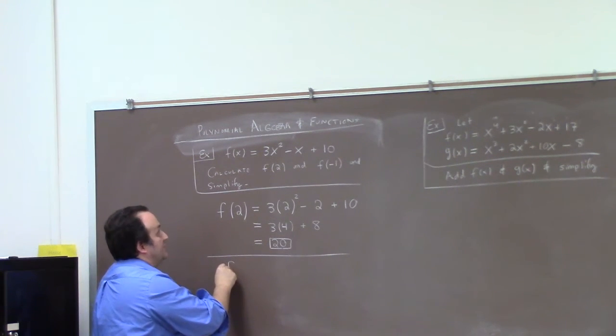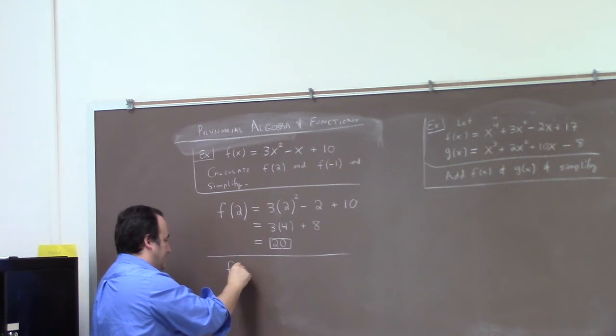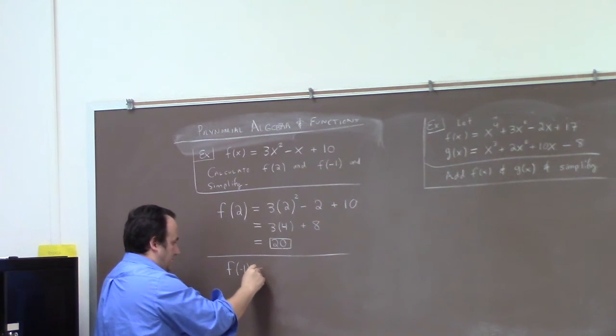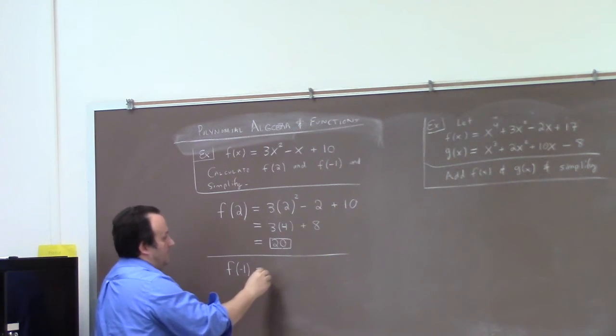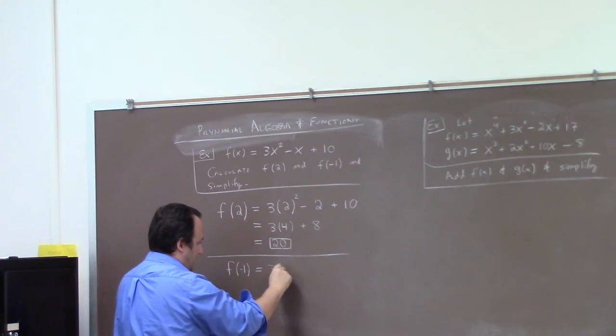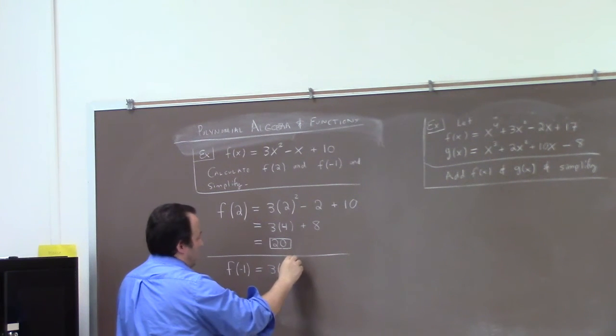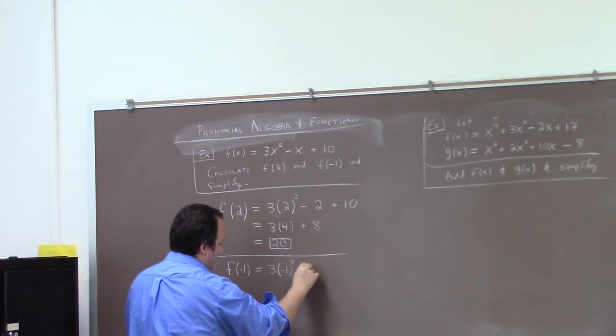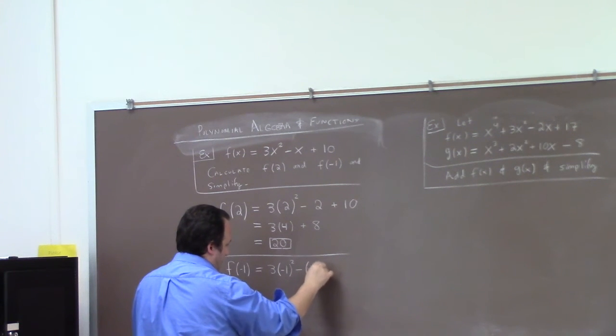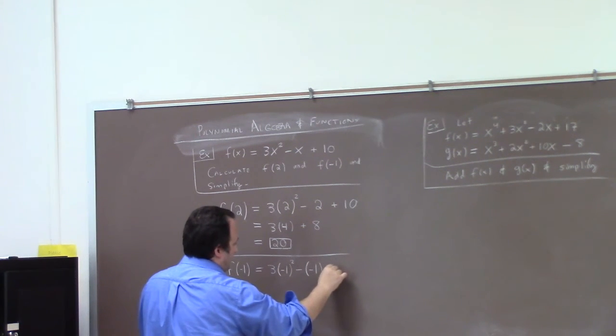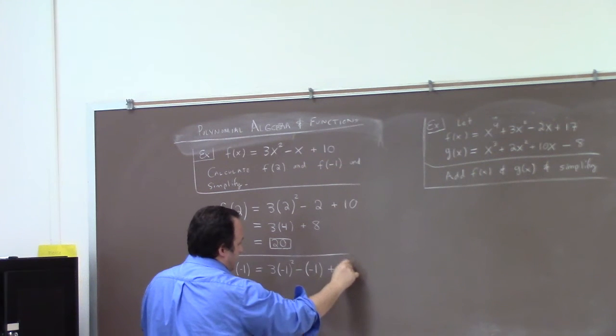F of minus 1, what's that? I just plug in minus 1 for x, right?